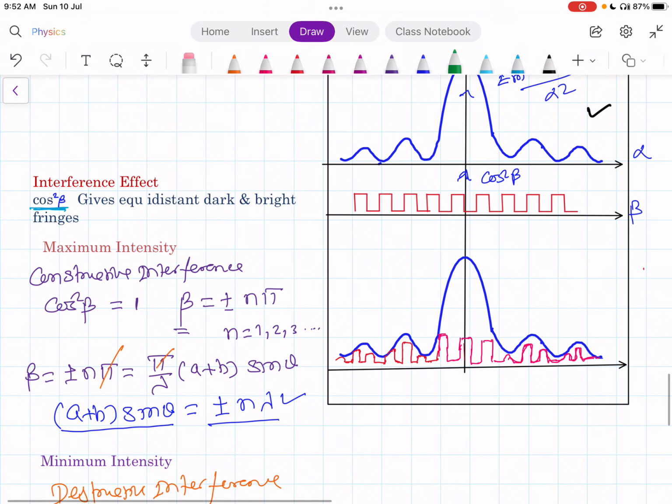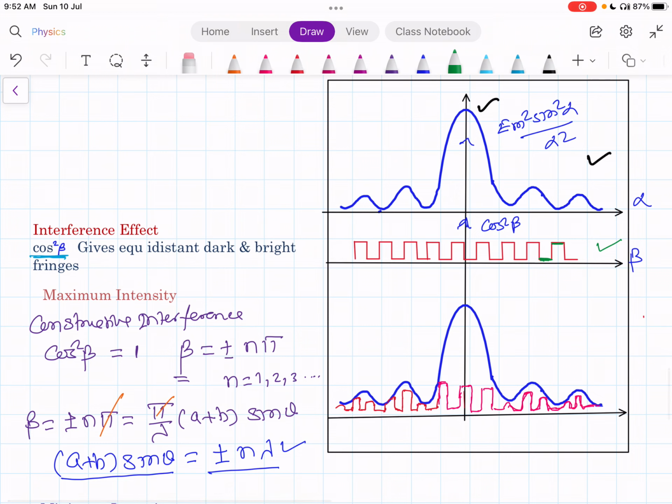As you can see, we get fringes like this. We get equidistant dark and bright fringes. This one is a bright fringe, this one is a dark fringe. So alternate dark and bright fringes which are at equidistance.